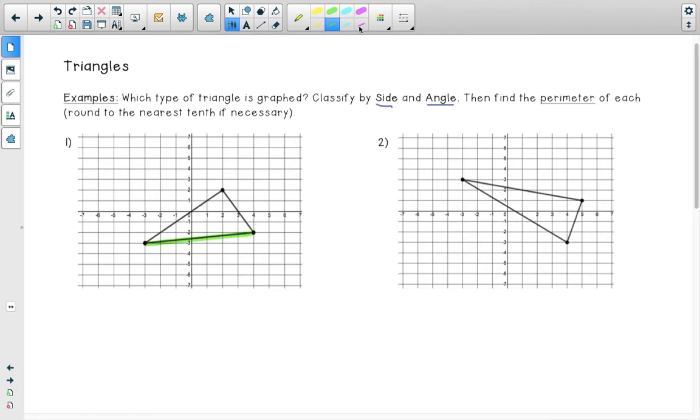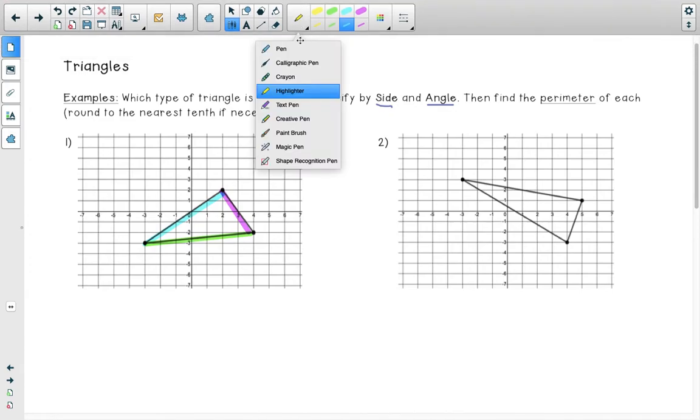I'm going to use purplish pink on this side right here. I'm going to use blue on this top side right here. Because I don't have any letters on here, I'm going to use colors to help me know which side goes with which. I could label them, but I'm just going to use colors for this.